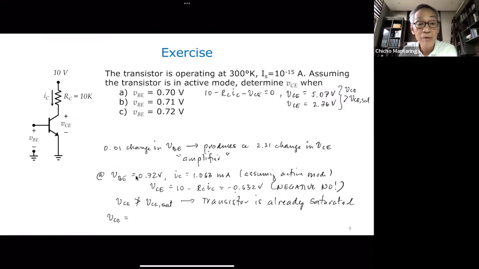Yeah, I have an answer from someone. Yeah. This is just going to be VCE SAT. Right? So we can assume that under these conditions, your transistor is going to be deep in saturation.